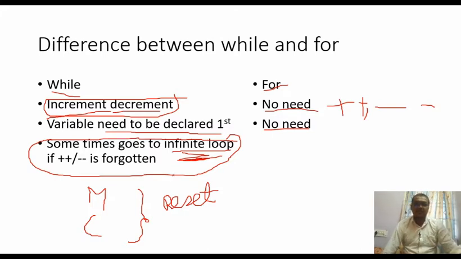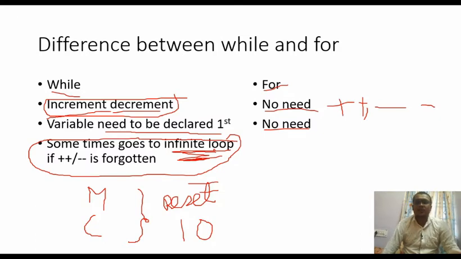Whenever the machine is reset in real time, it is a very hectic task for an industry. For some 10 minutes everything should be stopped, and if it is stopped for 10 minutes, lakhs of rupees are going to be wasted for an industry. So whenever a programmer is good at programming, he needs to take care of infinite loops.